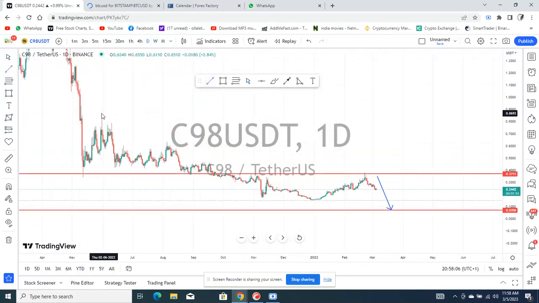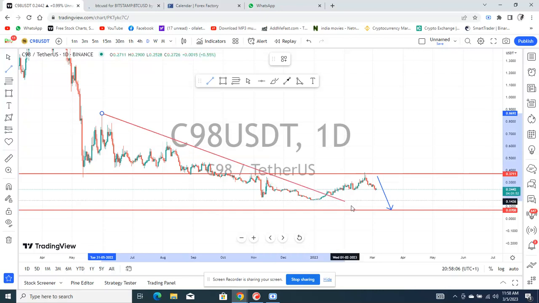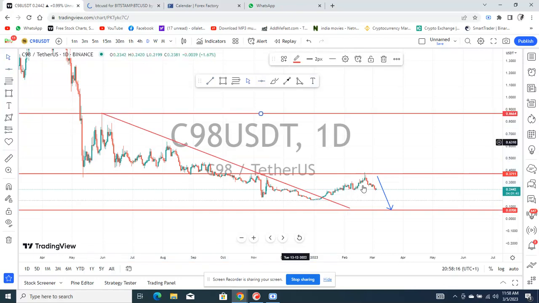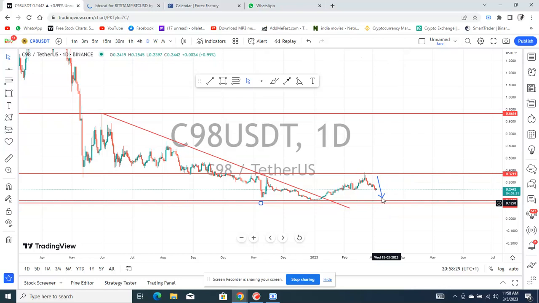Trading using support and resistance, this is it here. After the price breakout, no text yet. So when the price gets to this one, we are expecting the price to come back to this level first. Information number one: we're expecting price to come back here, and it has almost approached there.